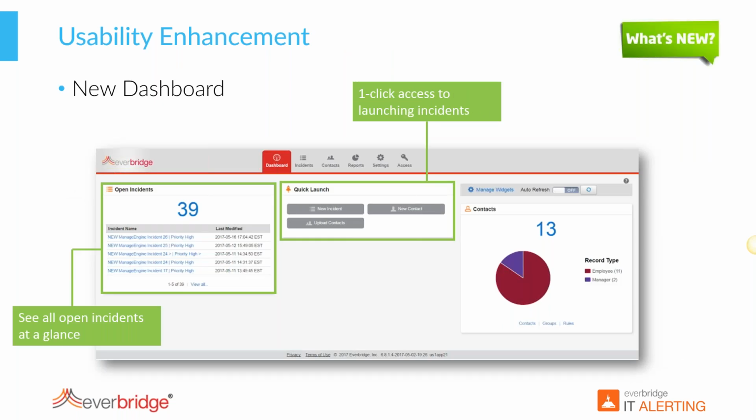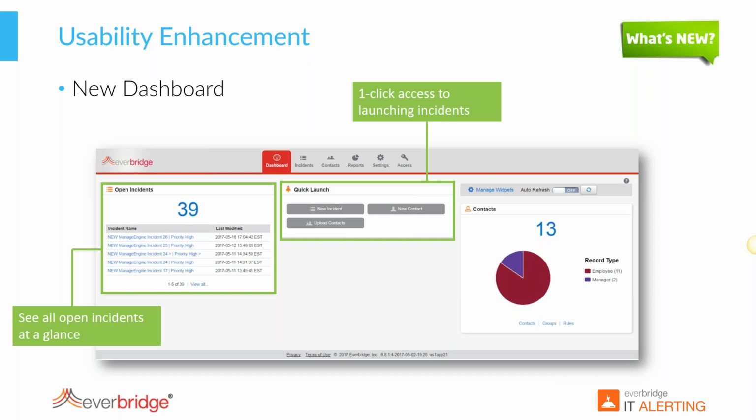Another usability enhancement, and I'm sure you've seen it if you've logged onto the platform since the Spring Release went live. You've seen the new welcome dashboard, and we're going to continue enhancing this view. But now it makes it a little bit easier for everybody to access the incident view, to see at one glance what are the open incidents.